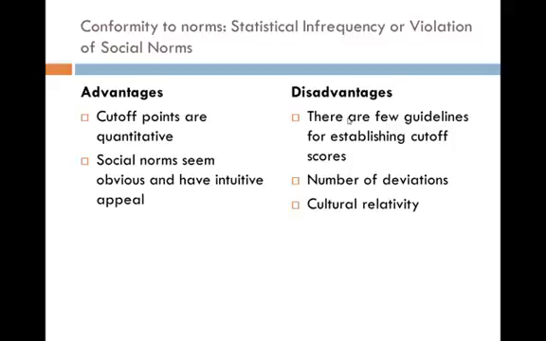Another advantage of a normative or statistical infrequency violation of social norms is that we use social norms as obvious and as intuitive. So you look at one's behavior, and let's say a person is talking extremely fast. They seem very preoccupied. They are not making coherent sentences.